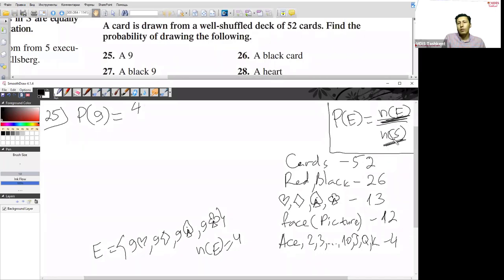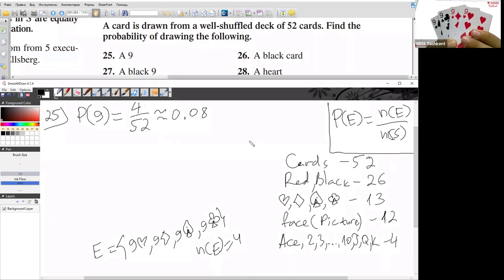And NS, total how many cards do we have? 52. Therefore, we divide by 52. 4 divided by 52 is approximately 0.08. You see here, I have cards, and you have four 9s. Therefore, the probability of getting 9 is 4 out of 52.